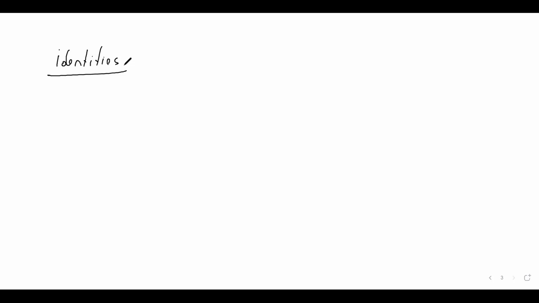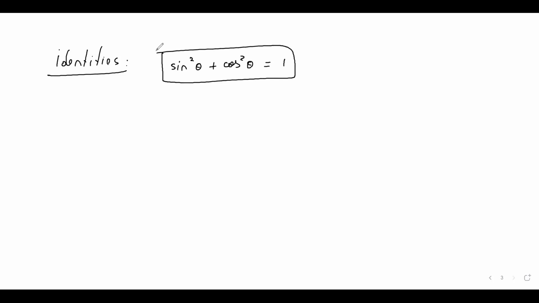There are others that are useful for Calc 2, but fortunately in Calc 1, we don't even need to remember the double angle formula, although that would be nice to use. So we only need to remember this one: sine squared theta plus cosine squared theta is equal to 1. So if you square sine and cosine, this is equal to 1.